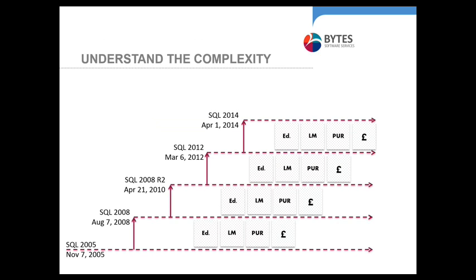Now, to show you how this all pulls together, if you were to purchase a license today under SQL 2014, you would have to adhere to the product usage rights and the licensing metrics of the 2014 licensing rules. And if you then use those licenses to downgrade, for example, to a SQL 2008 R2 installation, the product usage rights you have to adhere to are those of 2014, even though you've done a 2008 deployment.